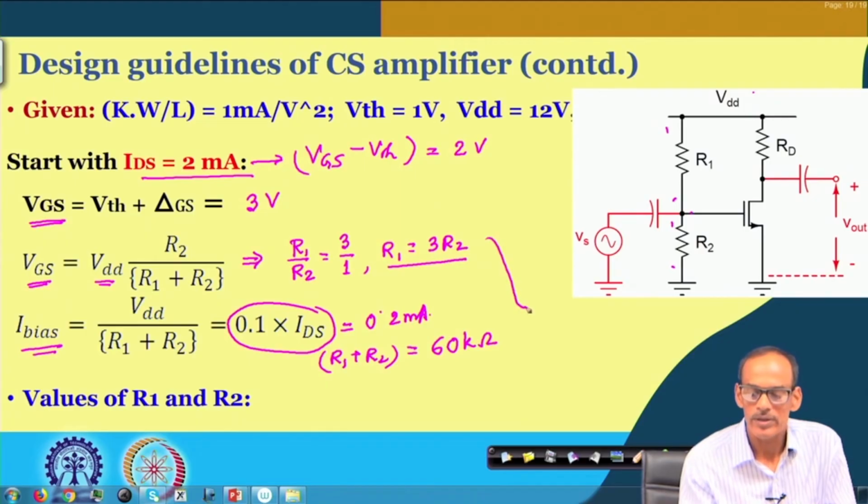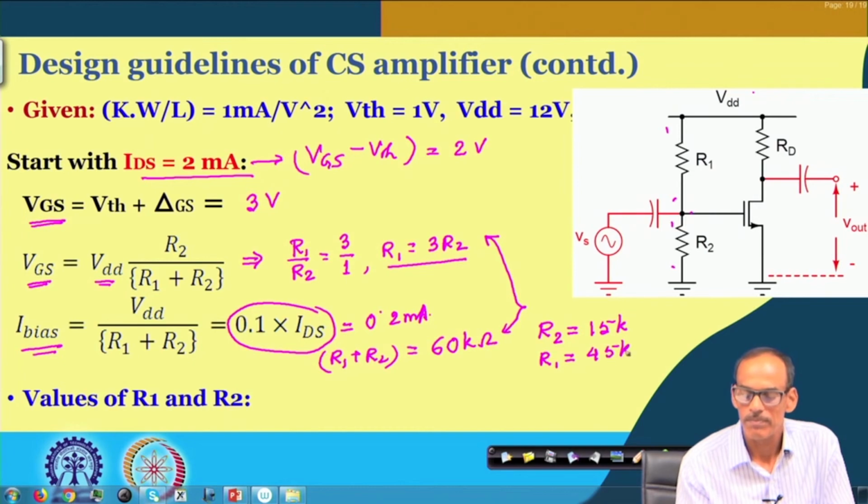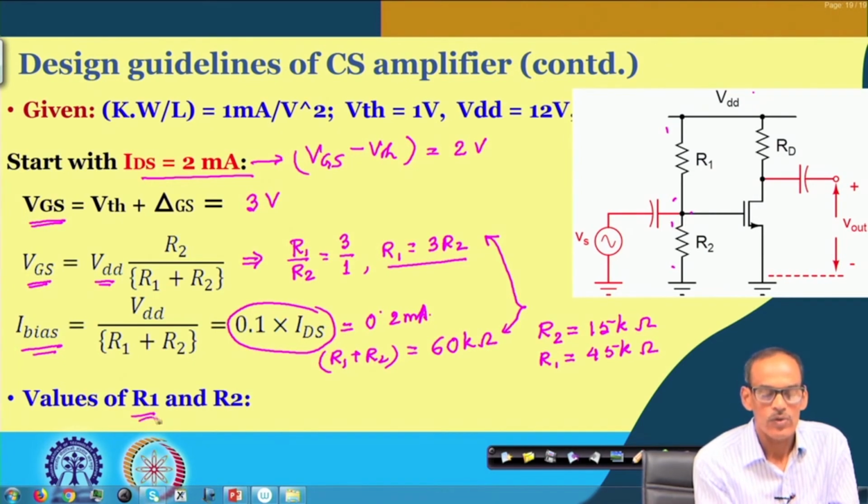So if I combine these two, we get R2 equals 15 K, and R1 equals 45 K, right. So that is the value of R1 and R2.